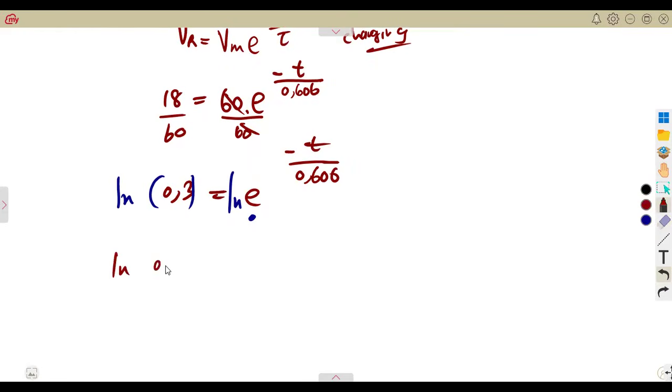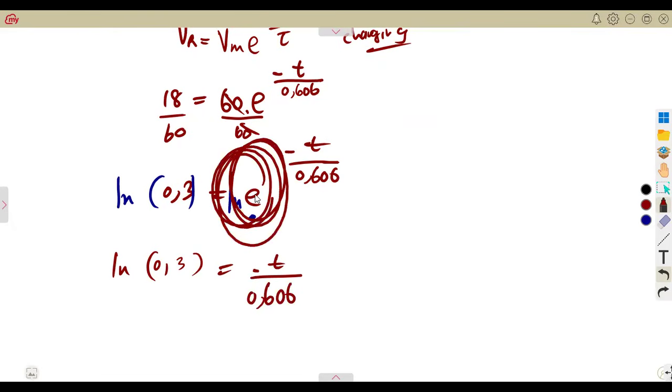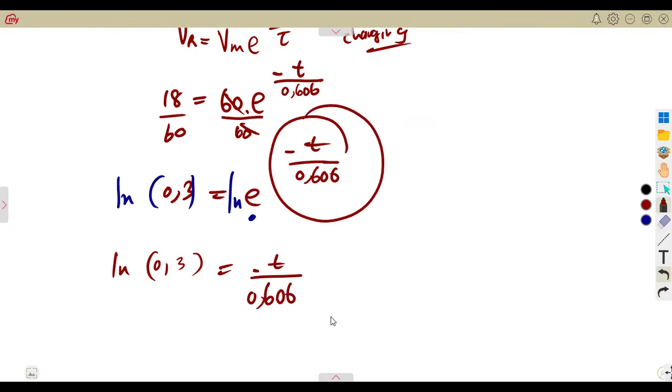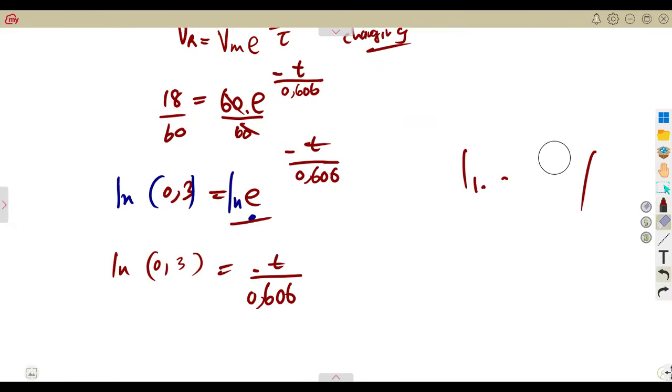This is the ln of 0.3. What is going to happen here on the right-hand side? You simply drop the exponent as it is. So it's minus t over 0.606. The ln of e, you drop it as it is. You are not differentiating. These are your exponents. But you remain with the ln of e, which I said is 1. So it simply means there's nothing there. So this is what you're going to have.